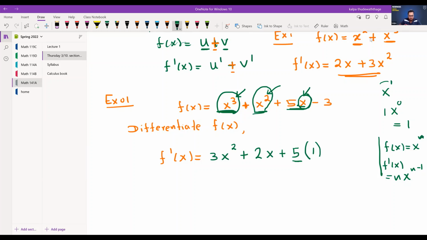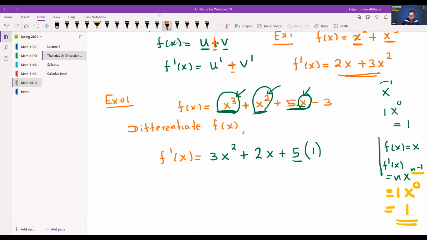Let me erase it and make it 1. So now I have just 1 for n. So this becomes 1 times x to the power 0. If you have the 0th power, you always get 1. That's how I get the derivative of x is 1.